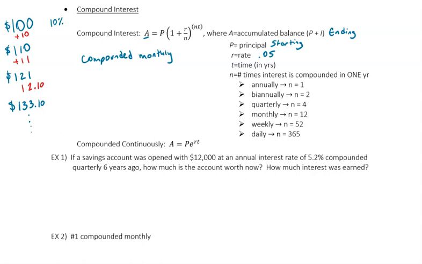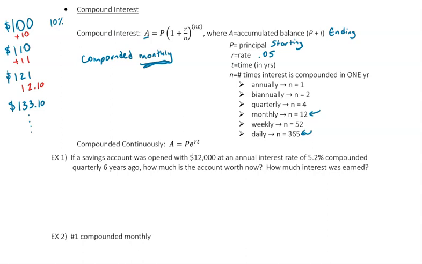Next, T is the time in years. Then there's N. N is based on this word. So if we said compounded monthly, N would be 12 because there's 12 months in a year. If we said compounded daily, it'd be 365 because there's 365 days in a year.